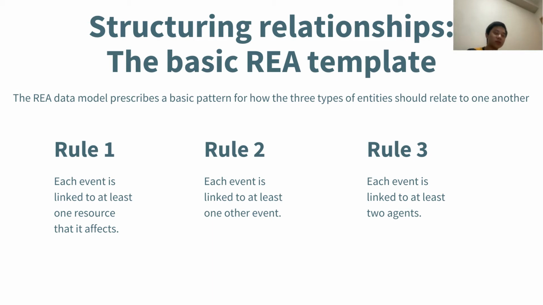For example, event A is linked to event B. And lastly, rule 3 is each event is linked to at least two agents. For example, event A is linked to agent A and agent B, and event B is linked to agent B and agent C.